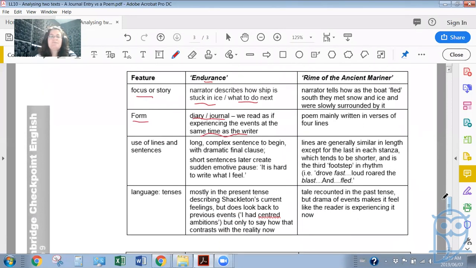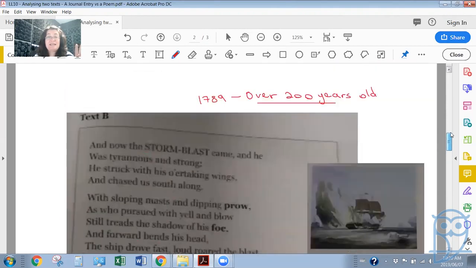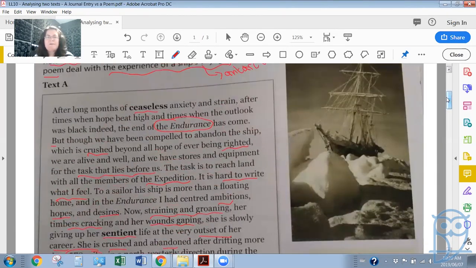Now, what about the feature of the use of lines and sentences? Well, in this text, a long, complex sentence to begin with, then a dramatic final clause. So the sentence opens up, the beginning sentence, and it ends in a dramatic way. And this is just simply the beginning of the journal entry. Let's have a look.